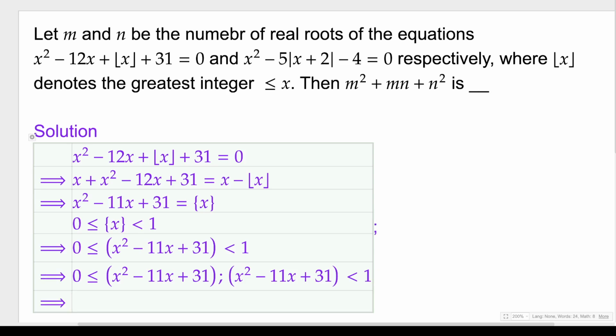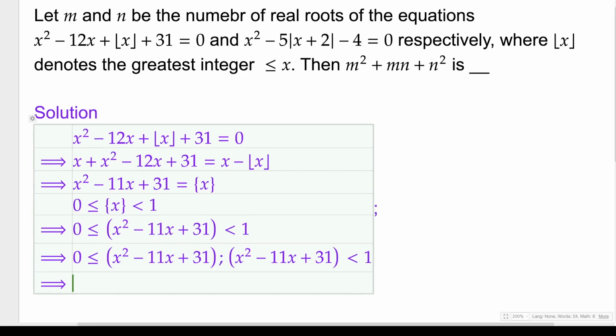Now for the next step, if I calculate the discriminant for this equation, that is 11² − 4 times 31, this is something which is less than 0. And for the other one, if you observe, this can be written as (x − 5)(x − 6), and this is less than 0.